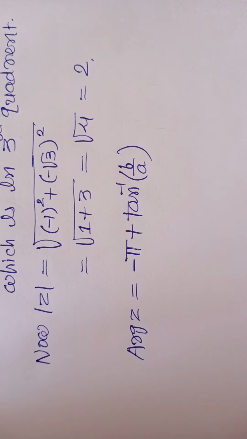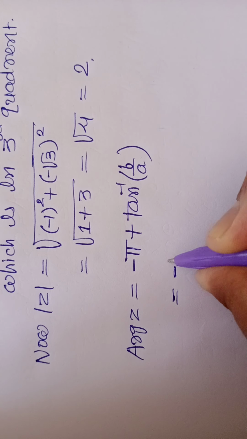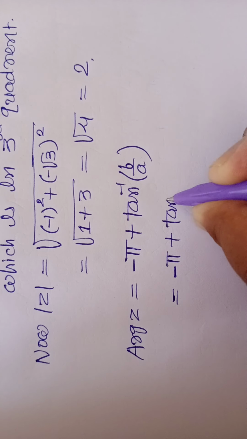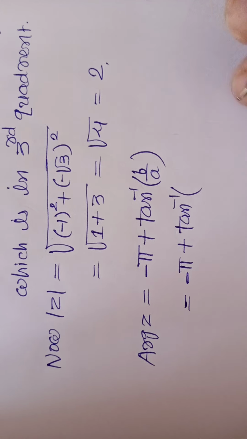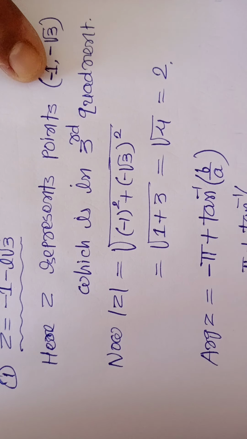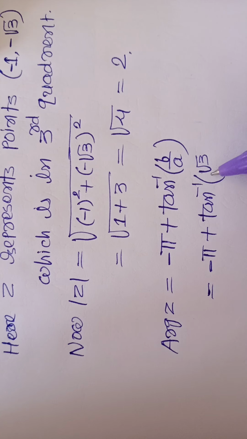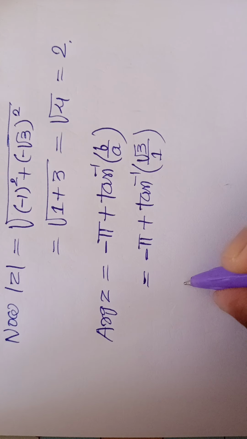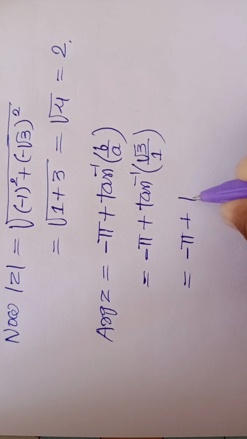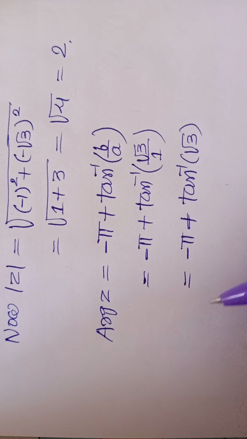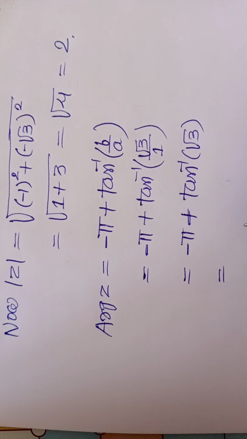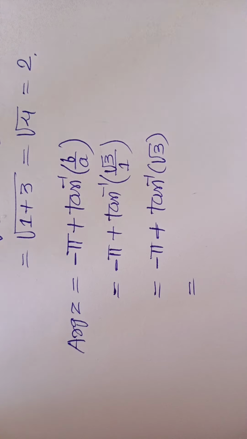So that is minus pi plus tan inverse of b by a, that is root 3 by 1. Now you know from standard 10 the value root 3 is for which angle?